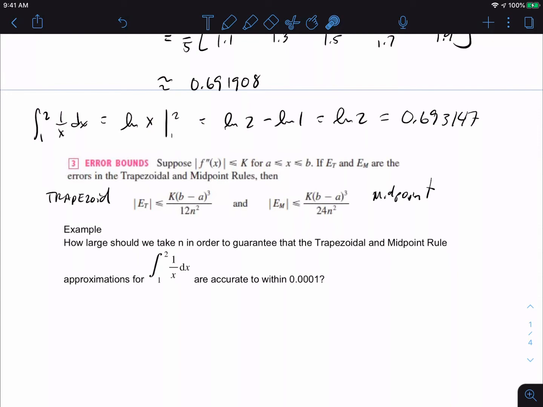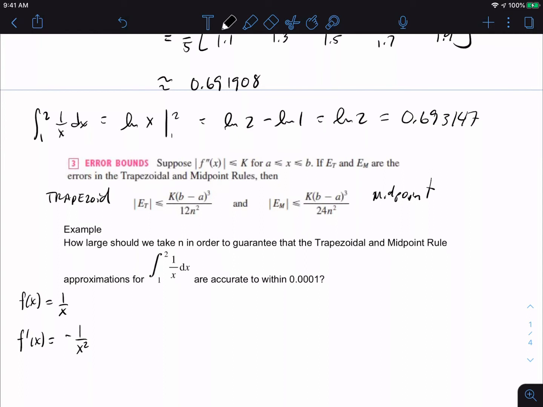So that now means that we need to be able to take the derivative of our function. So it's important when we go to attack these problems with the trapezoidal and midpoint rule to be able to take the derivative. So if my function I know is 1 over x, the first derivative of this function should be a negative 1 over x squared, right?